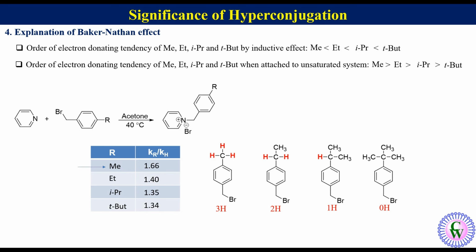So methyl, having the highest number of hydrogens for hyperconjugation, is the strongest electron donor, and tert-butyl with no hydrogen for hyperconjugation is the least donor.